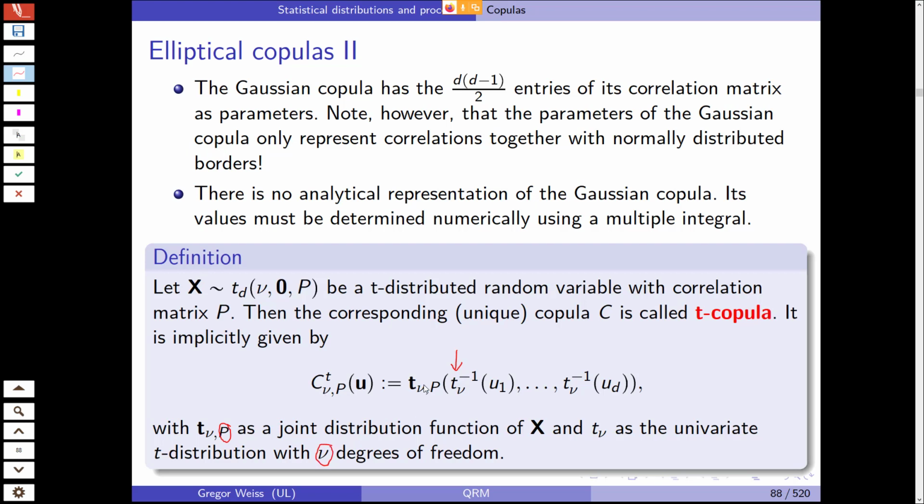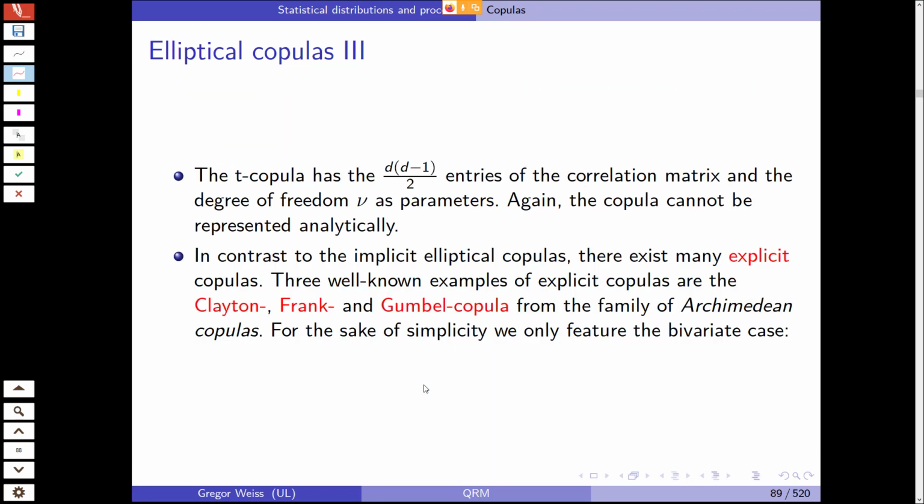We have d times (d minus 1) divided by 2 entries in the correlation matrix. These are the parameters, and you should regard them as pseudo correlations. It cannot be represented analytically, and we have one additional parameter, the degrees of freedom nu.